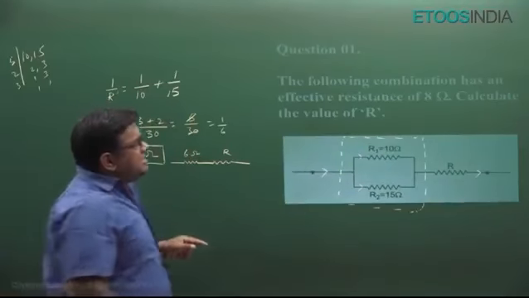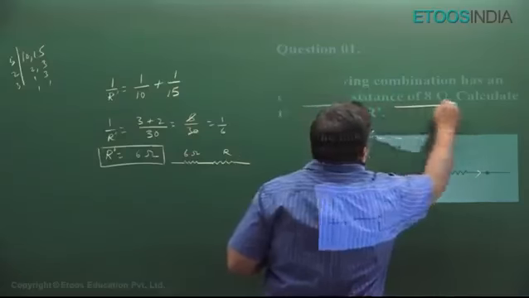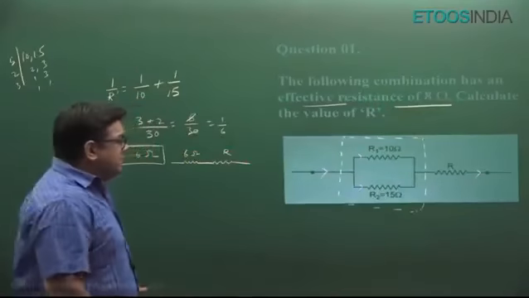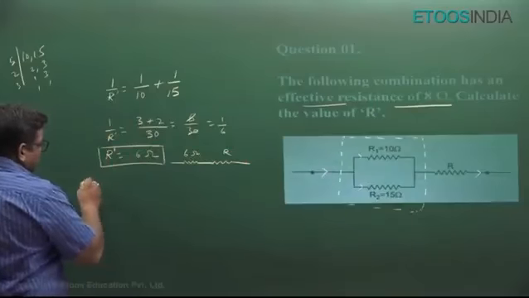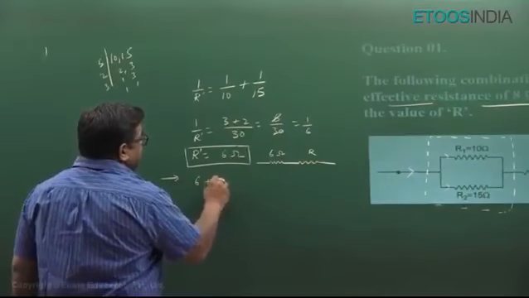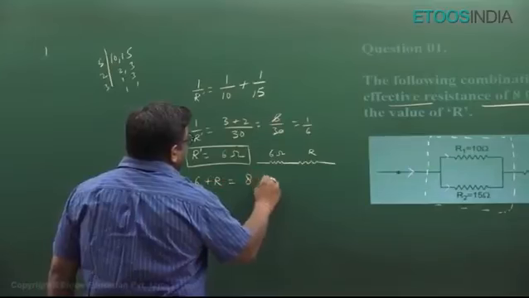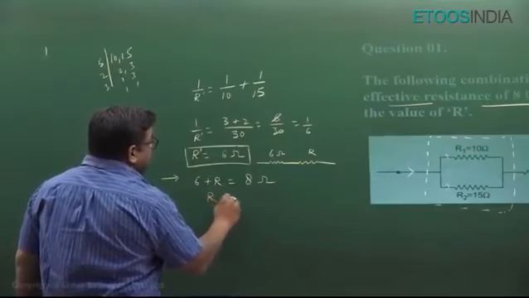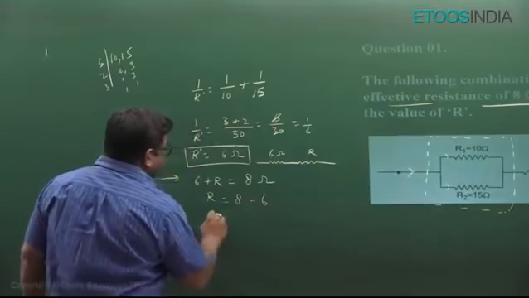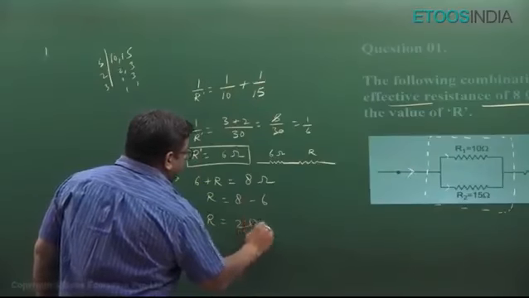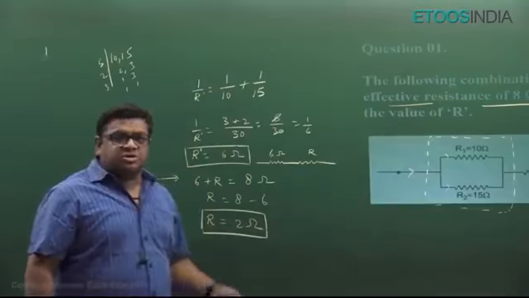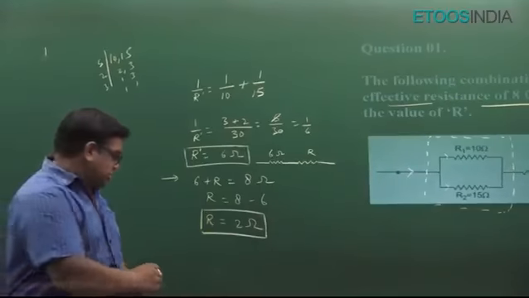Now, as it is saying that the effective resistance is 8 ohm, but they are connected in series, for series combination, I know that 6 plus R is equal to 8 ohm, or R is equal to 8 minus 6, and the answer comes out to be 2 ohm. Is it clear? So let's move on to the next question.